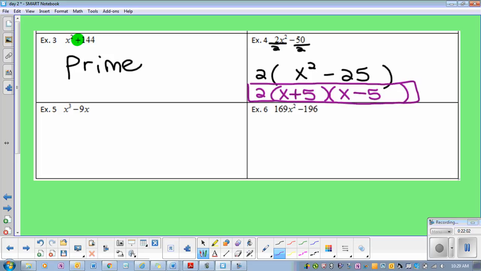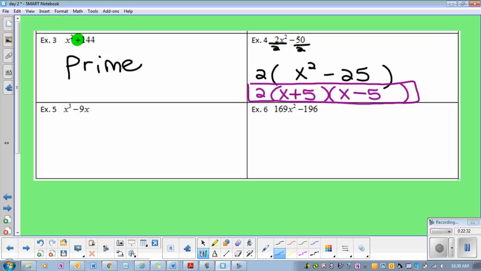All right, look at example 5. I have two terms, but it says x to the third. Remember, DOTS should be x to the second, right? Well, does this one have a GCF? Can I take something out of both of them? 1 and 1.